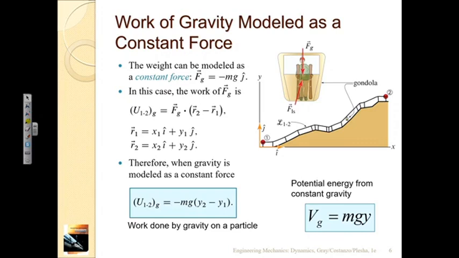So I could pick a datum at the top. I'll call that A. I could pick one at the bottom. That's B. I could pick one in the middle if I hated myself. That's C. Right?